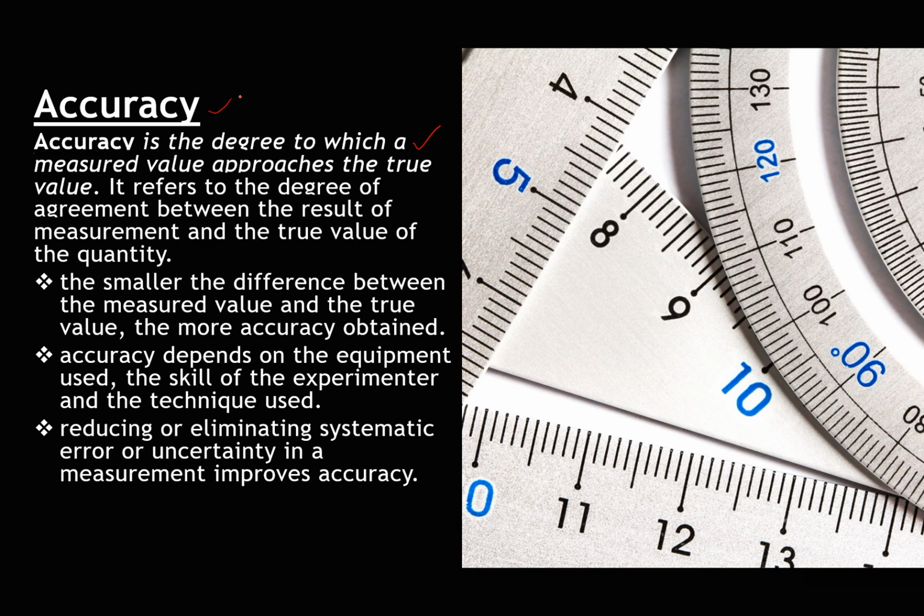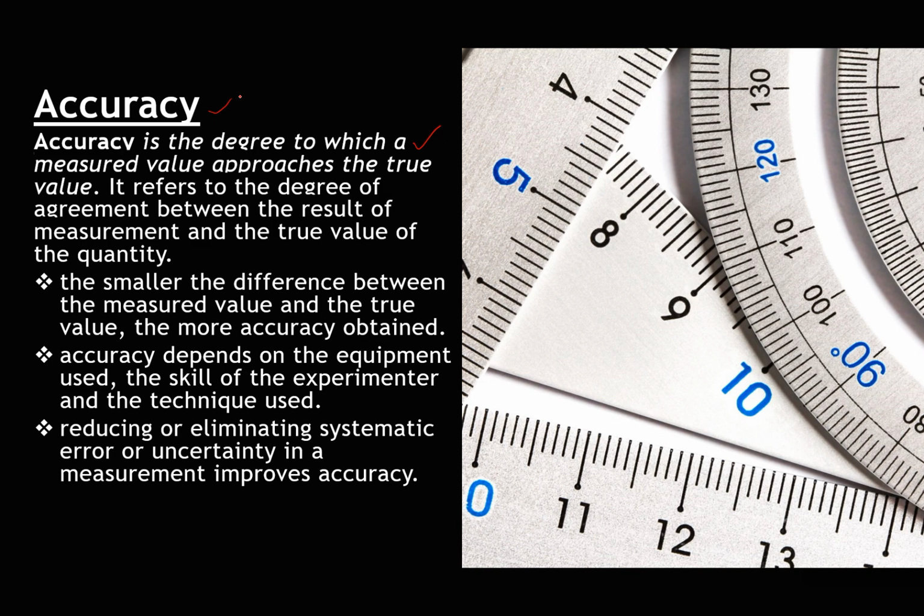So measurements are very accurate if they are very close to the expected value. The degree to which measurements are close to the expected value, to the true value, to the accepted value is what we are going to call accuracy.